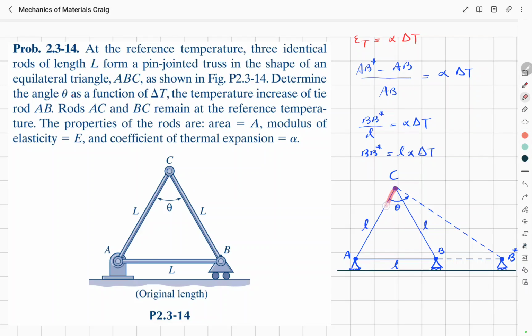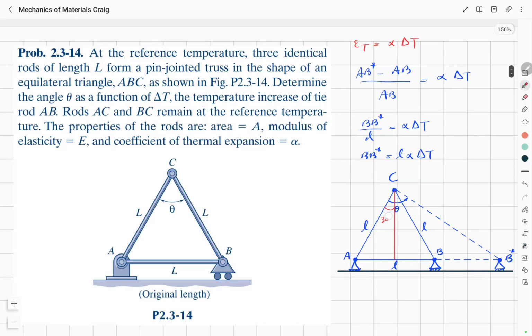Now we know this triangle is an equilateral triangle, meaning that all of its angles are the same, which is 60 degrees. Now if we draw the altitude of this triangle, this angle here would be 30 degrees.